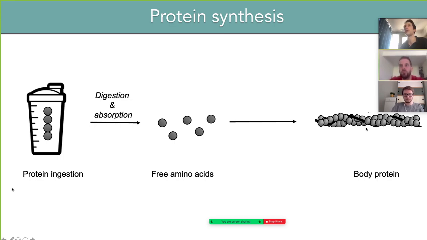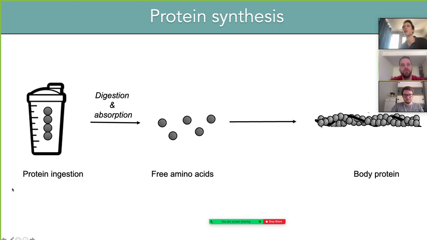However, it's important to note that this protein has a completely different structure than this protein. So for example, you drink milk, which has milk proteins. That is a completely different shape of protein than, for example, muscle protein that can contract. So it's kind of true that you are what you eat, but you are the building blocks that you eat.